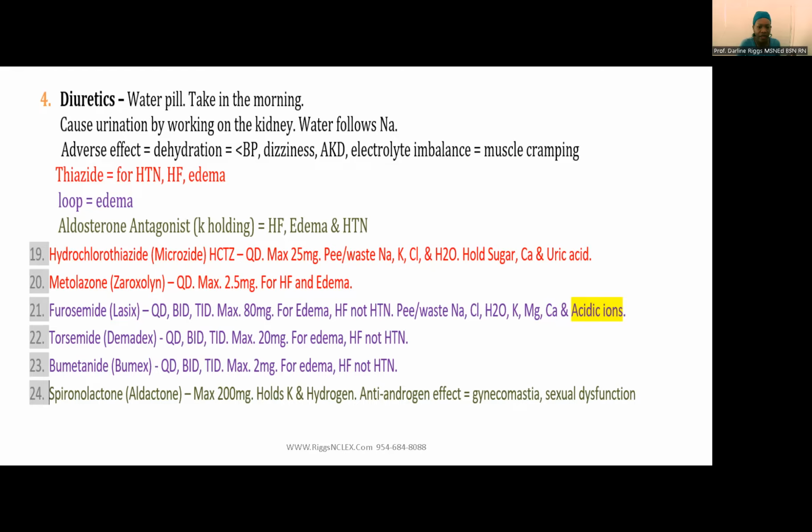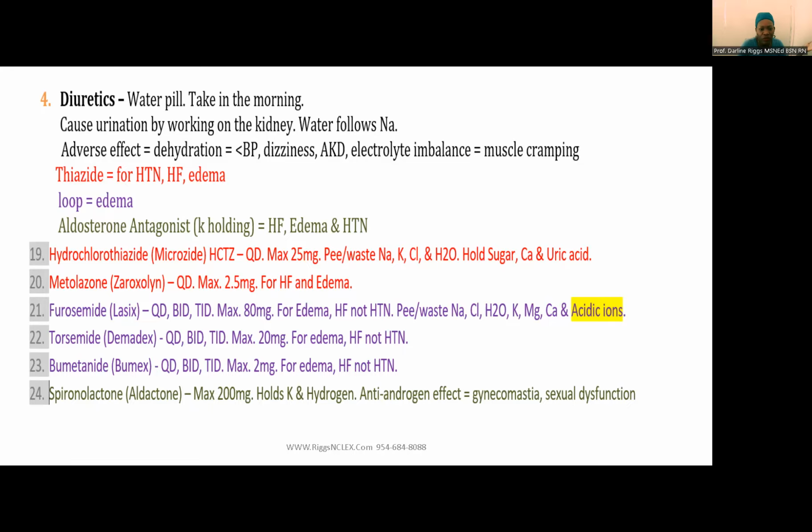Okay. Let's go to your loop diuretics. You should be very familiar with furosemide, but the three loops you need to be familiar with are furosemide, torsemide, and bumetanide. Okay, ide. These are great for the edema and the heart failure, but not for the hypertension.